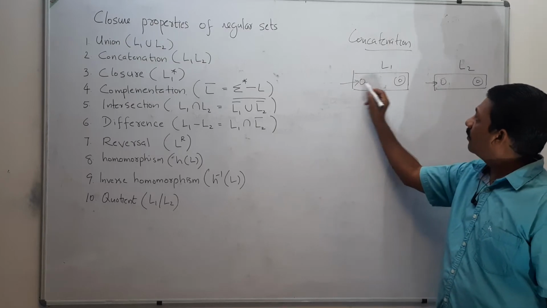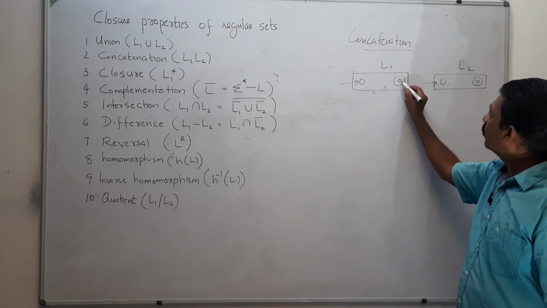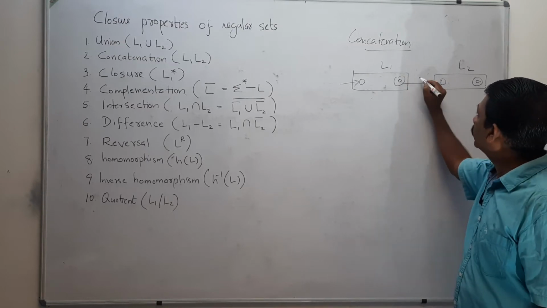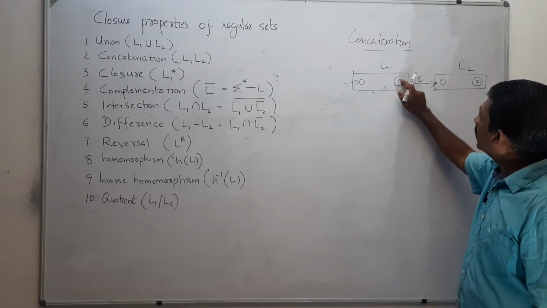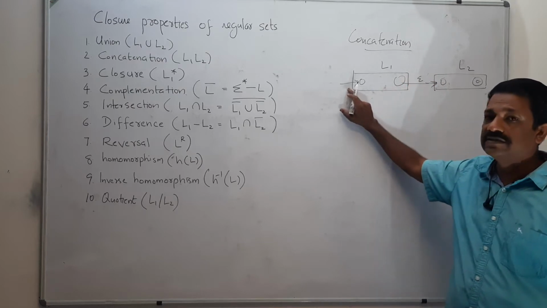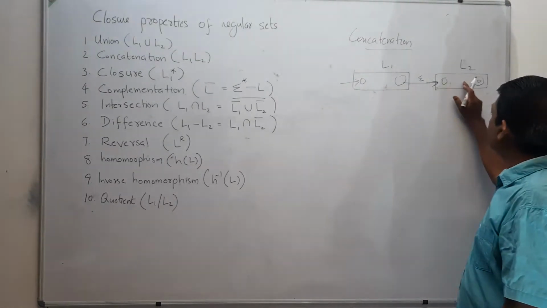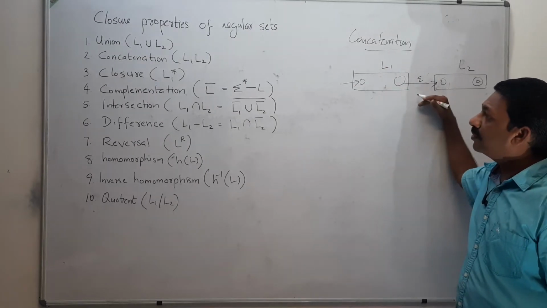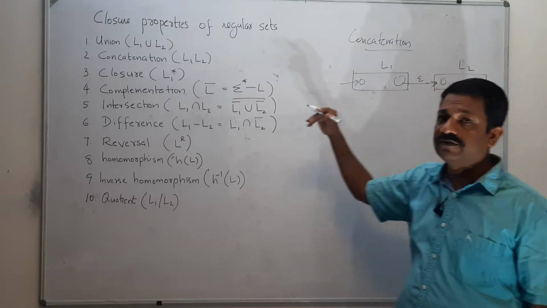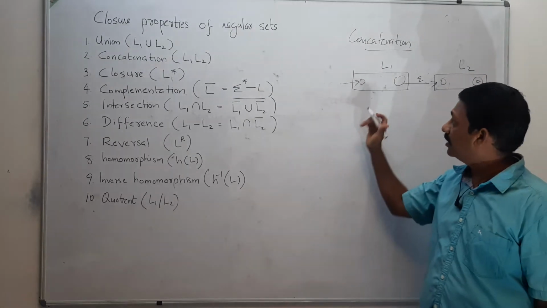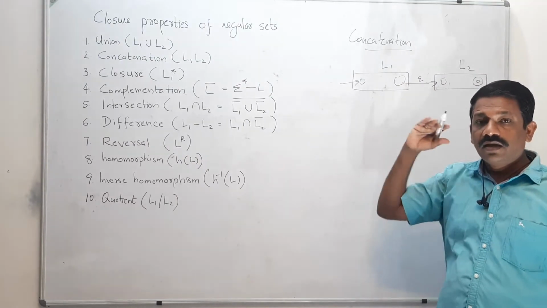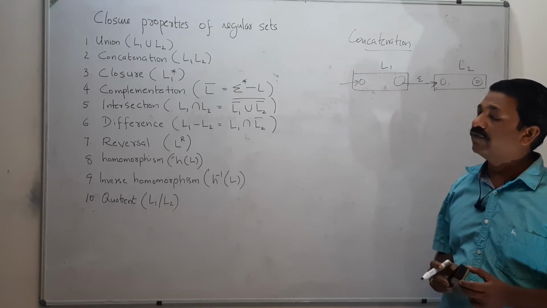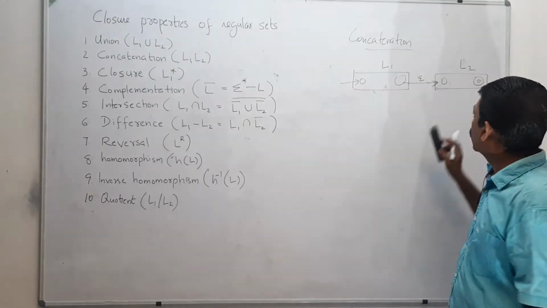That means L1 followed by L2. Here we are going to have an epsilon transition from the final state of L1 to the start state of L2, and make the old final state non-final. That means the start state is the start state of L1 and the final state is the final state of L2. This is the NFA with epsilon transition accepting L1 L2. That means there exists an NFA accepting L1 L2, so the concatenation operation is also closed.